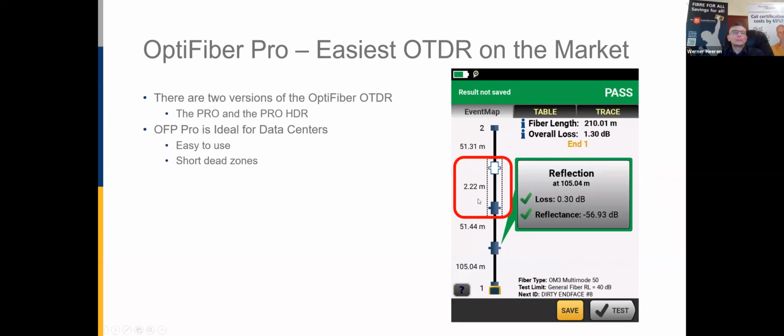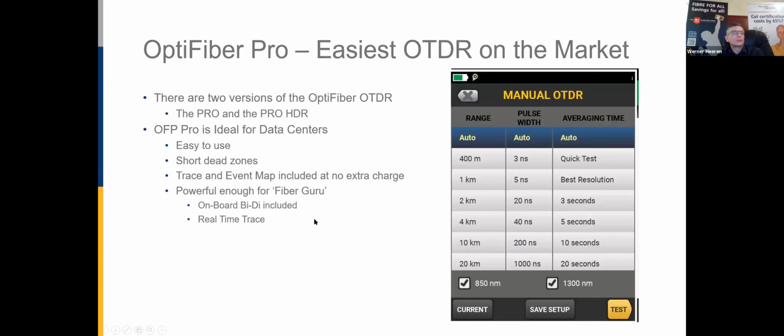Very short patch cords will be recognized. We have this event map, table and trace view, but the event map is very easy to understand, while other devices from other brands can only be used with the trace or are very complicated to work with. Mostly we start with an auto setup, but you can of course manually change settings.